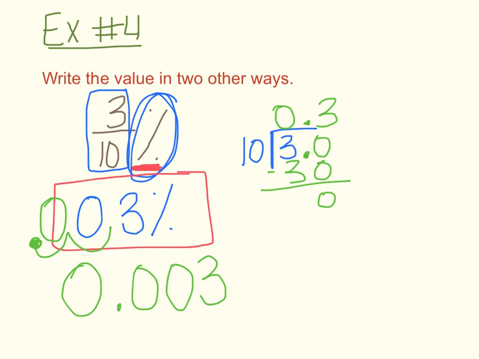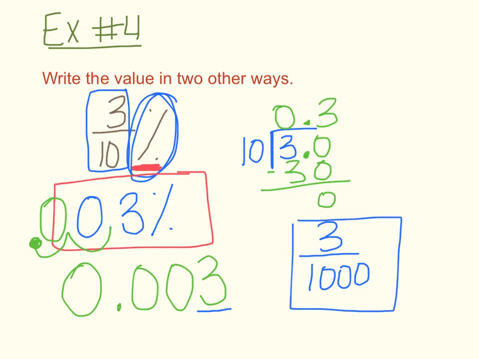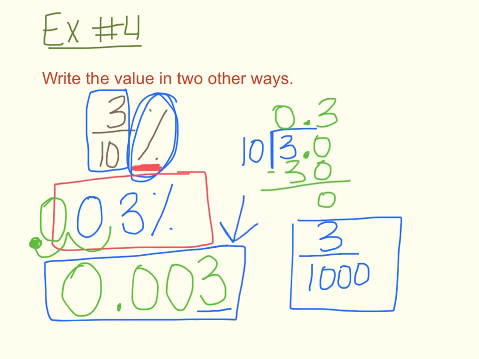To change this to a fraction, you have to put the 3 over the last digit's place, which is the thousandths place. And that becomes our fraction because it cannot be reduced. So here's our decimal, and here's our fraction.